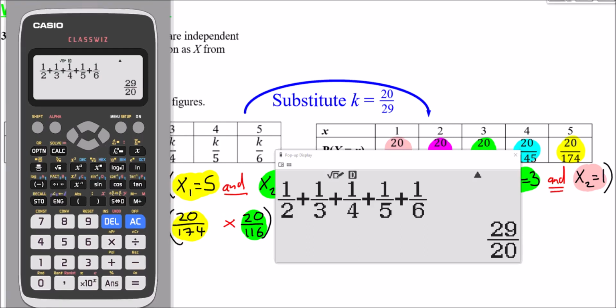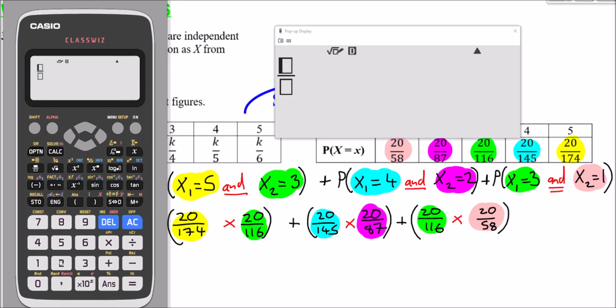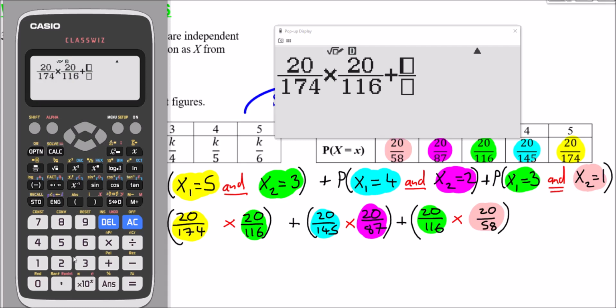So the first thing we need to do is 20 over 174 multiplied by 20 over 116. Or it could be a case of 20 over 145 multiplied by 20 over 87.